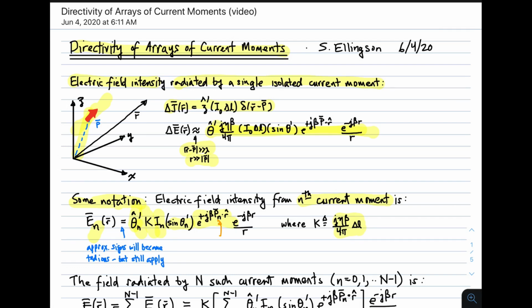N is enumerating those current moments. And then finally, e to the minus j beta r over r, the spherical wave dependence, referenced to the origin. And note here that I'm using the equal sign, but it's really still an approximate expression. I'm simply trying to avoid being tedious. The approximations still apply.